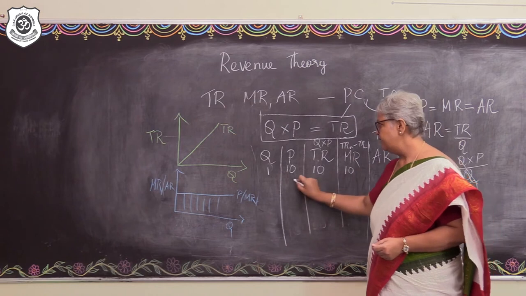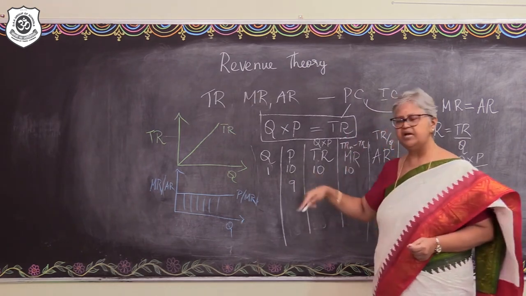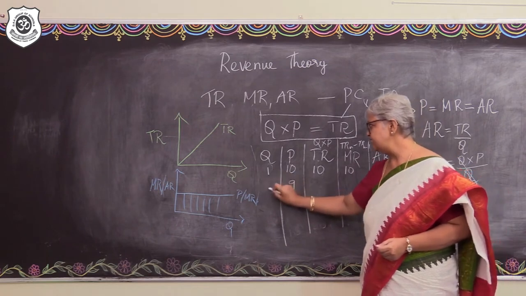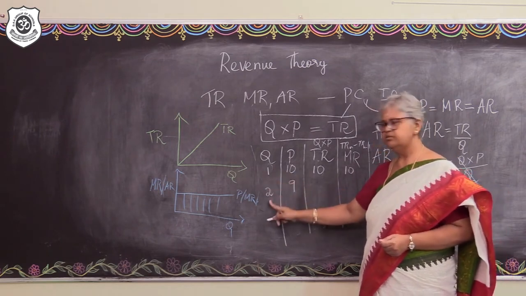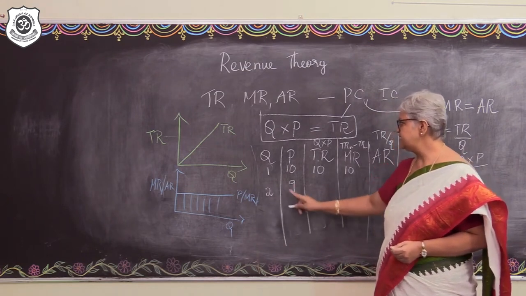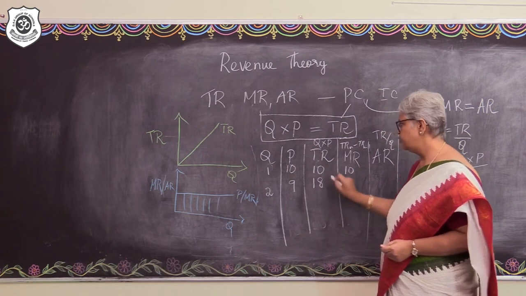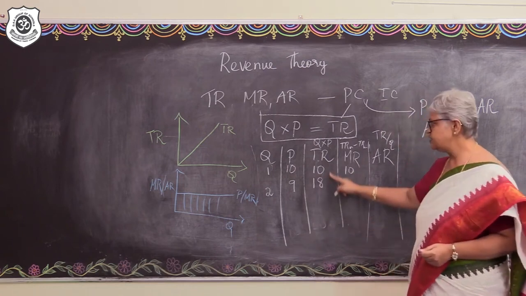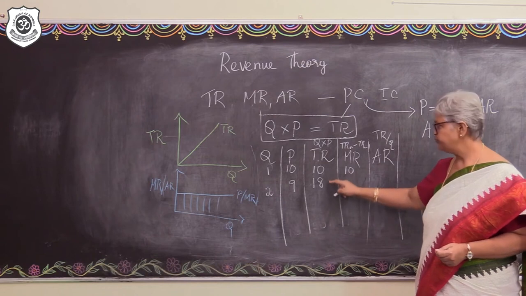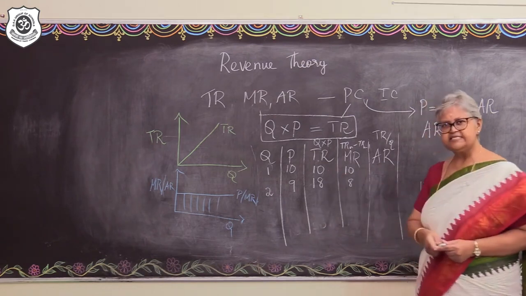Right? Let's say the price falls by 1. So, when the price falls by 1, let's understand maybe there is an increase in the output sold. Okay, output sold increases to 2. Fine. So in this case, 2 into 9, 18 will be the total revenue. So what is the change that is happening in the total revenue? 18 minus 10. So MR will be 8.